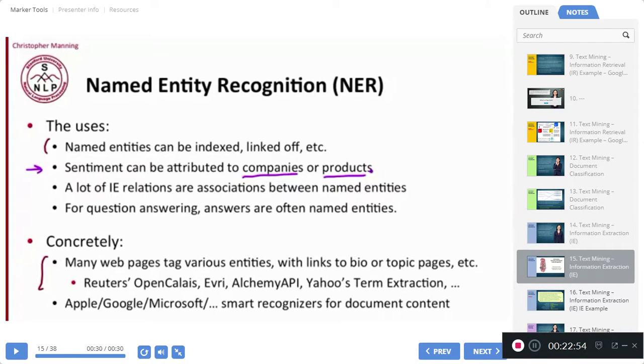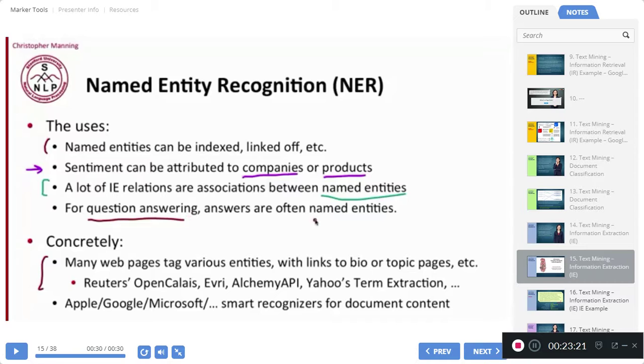But there are a lot of other uses where named entity recognition is a subcomponent of a larger task. Commonly, when you're doing information extraction, a lot of what you're doing is actually identifying named entities and then working out the relationship between them. We'll talk later about question answering. In question answering, for various kinds of questions, often the answers are named entities. When did something happen or who did something?